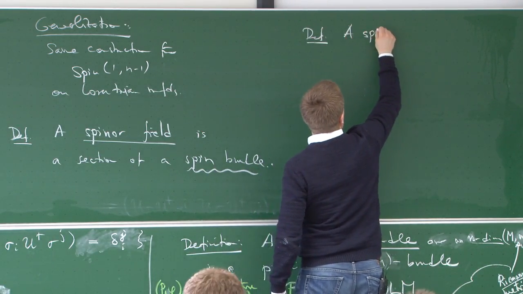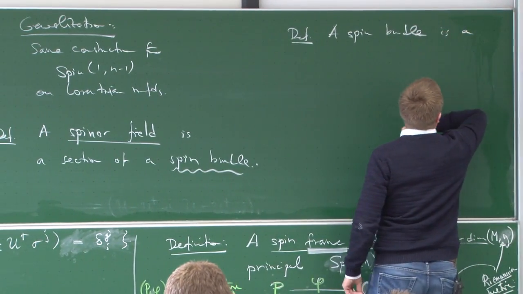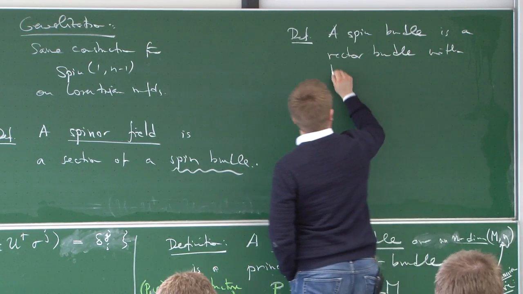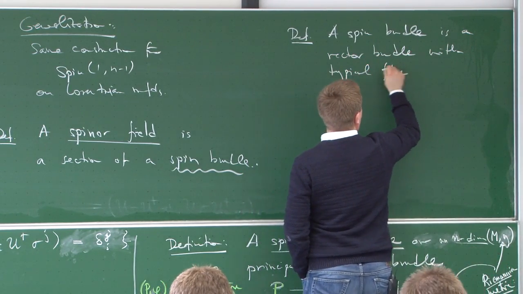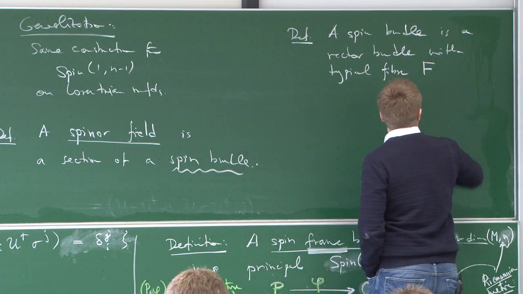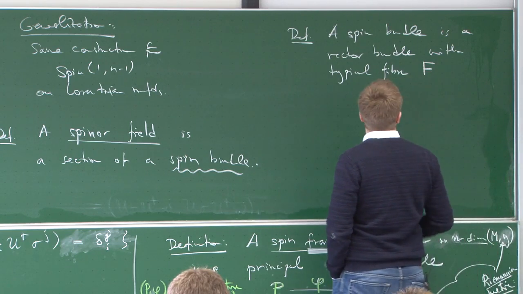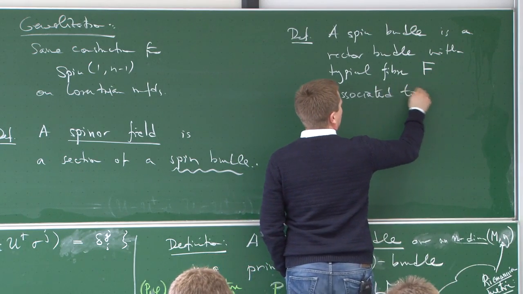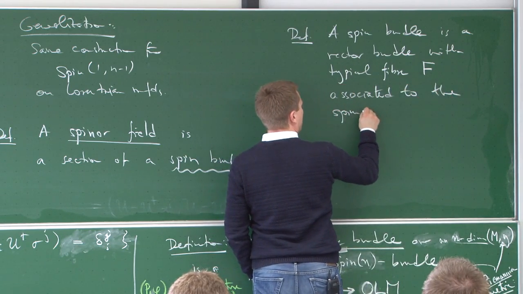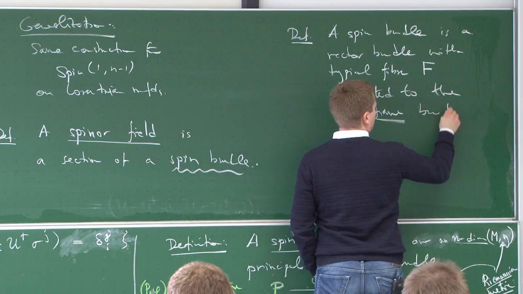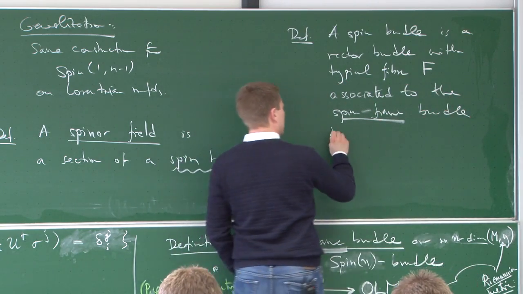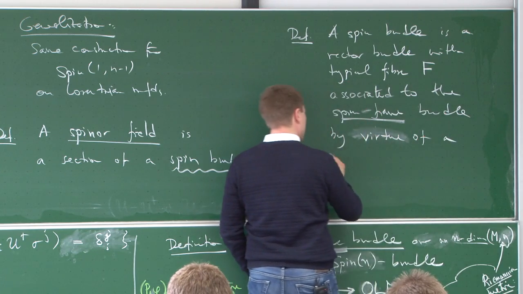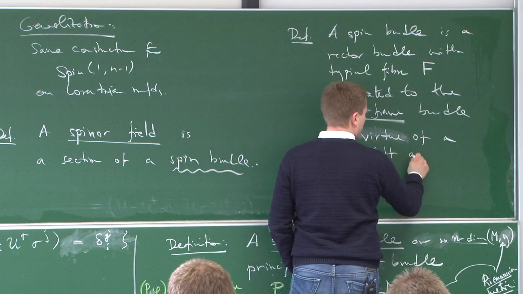Definition: a spin bundle is a vector bundle with typical fiber F, so a vector space, associated to the spin frame bundle by virtue of a linear left action.